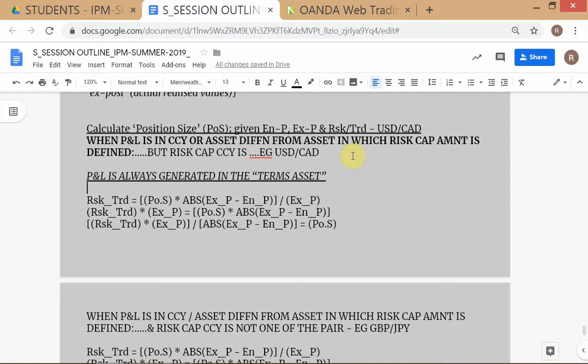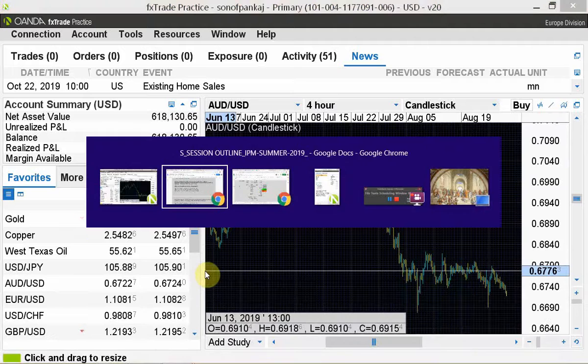So when you're trading dollar Canada, let's take one more example.